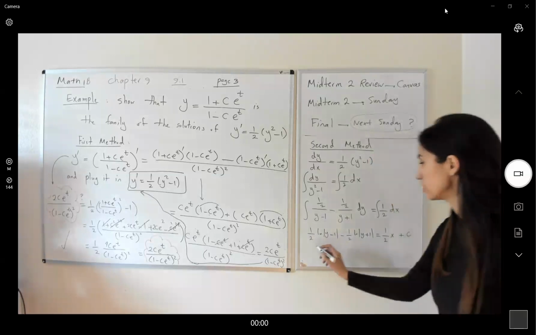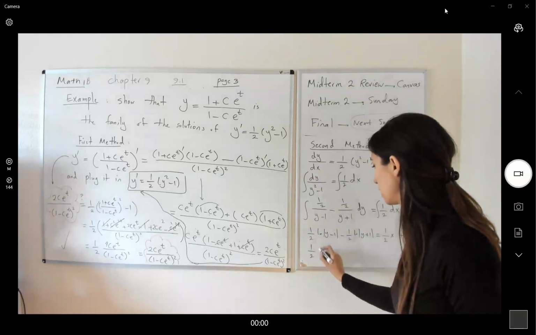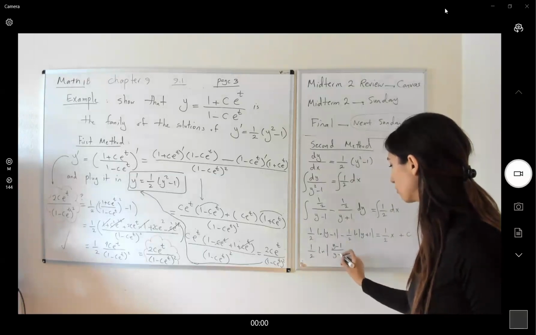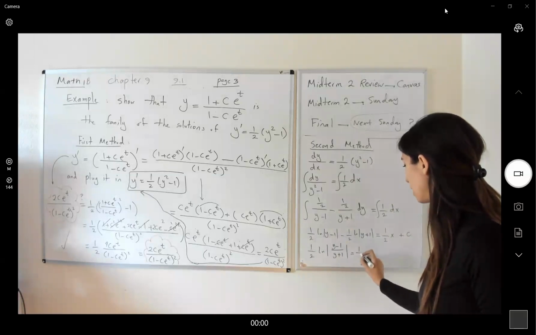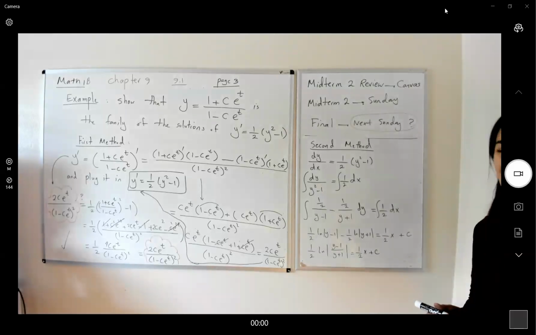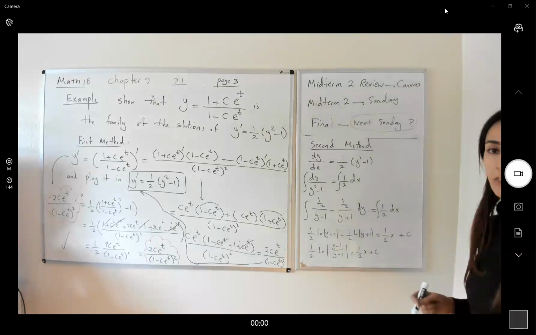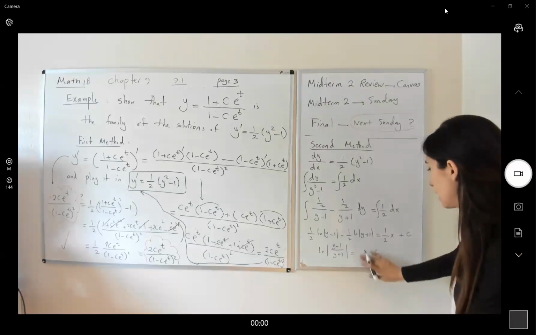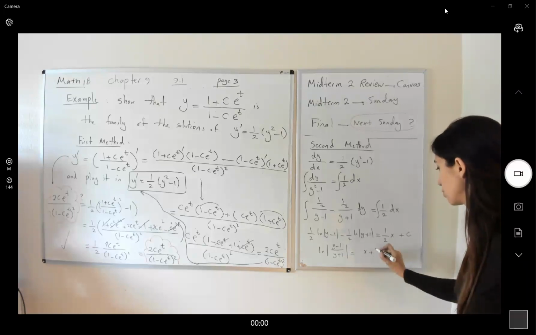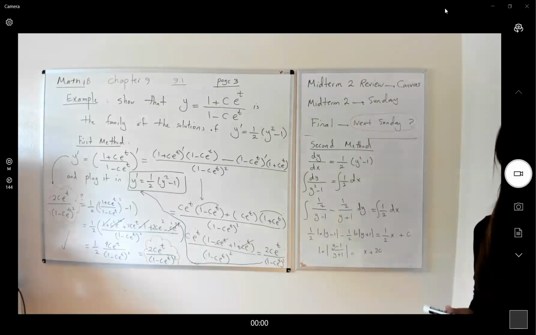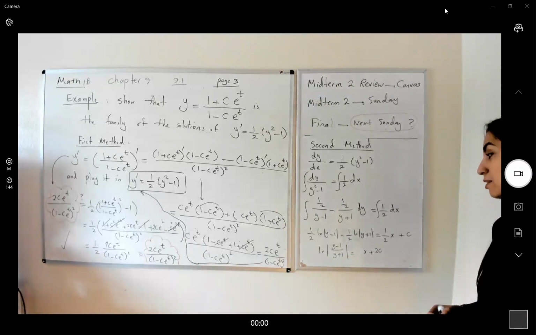On the left-hand side, it is a half ln of the absolute value of y minus 1 over y plus 1, which is equal to a half x plus c. You could multiply everything by 2 and get rid of the half, so this is 2c. And then start solving for the variable y.